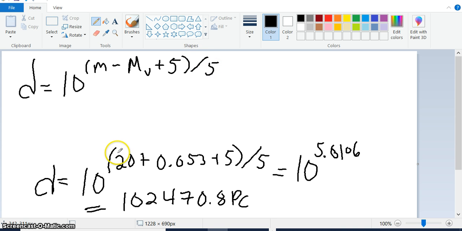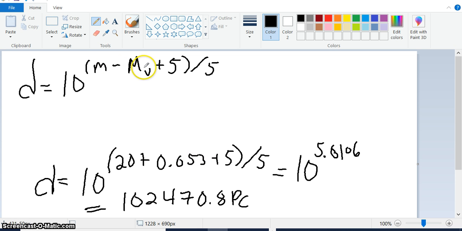Because the dimmest object that this telescope could see was told to us in the first part of the problem as a magnitude 20, it's going to be 20 minus the absolute magnitude of this nova, which turned out to be negative 0.53.